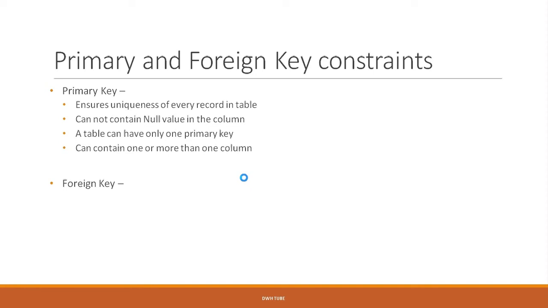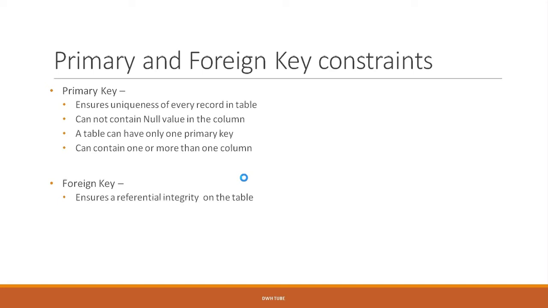Now let's move on to the foreign key. Why do we use a foreign key? It ensures referential integrity on that particular table. What do I mean by that? In our example, we had a foreign key on department number.